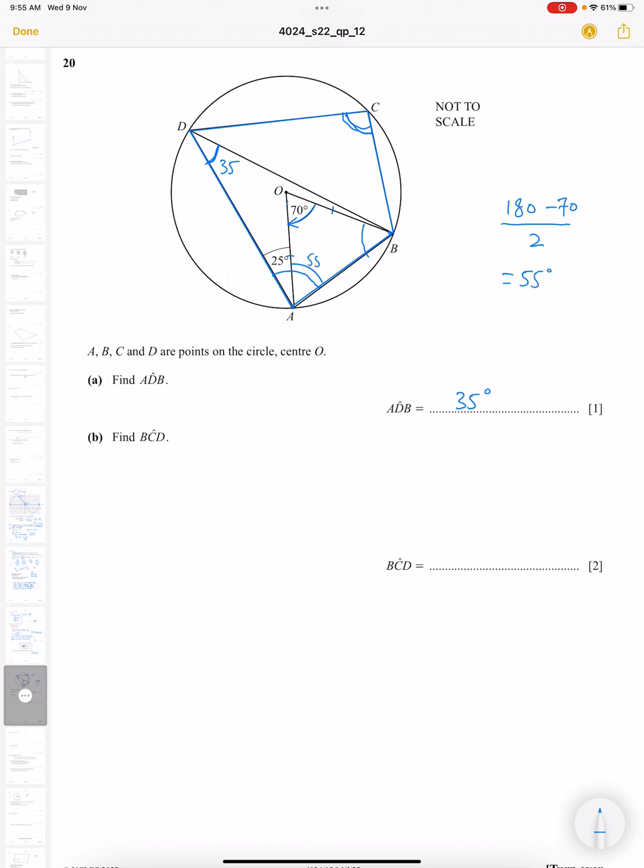This angle is 55 degrees. So this total angle becomes 55 plus 25, that's 80 degrees. Right? This full angle is 80, so by using the property of a cyclic quadrilateral, this will be 180 minus 80. That's 100 degrees, right? So angle BCD is 100 degrees. Okay. The next question.